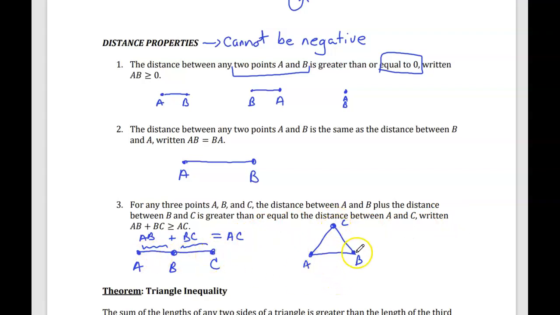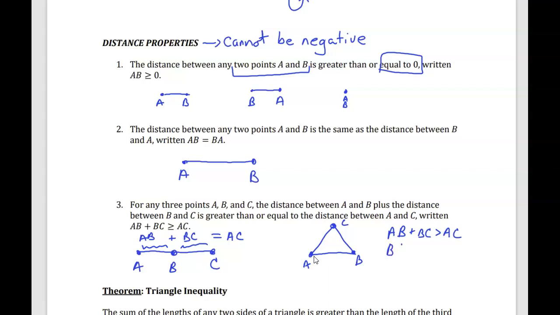So if it's a triangle, AB plus BC has to be greater than AC. So in other words, the length of these two added together has to be greater than this, because otherwise they would collapse and be a straight line.